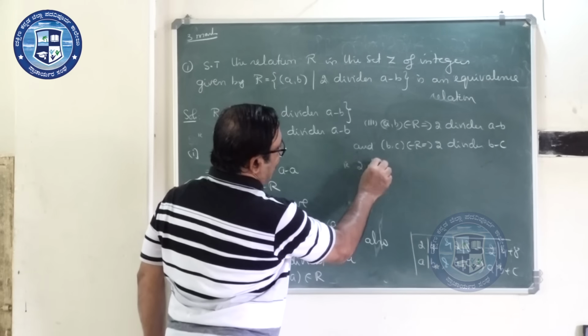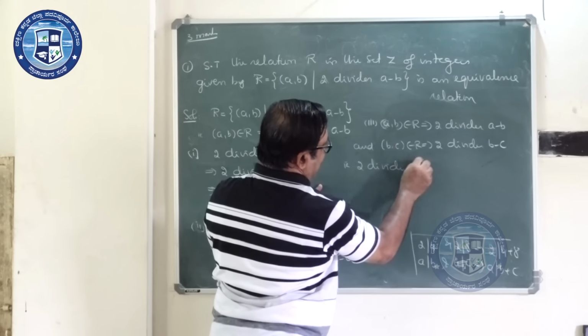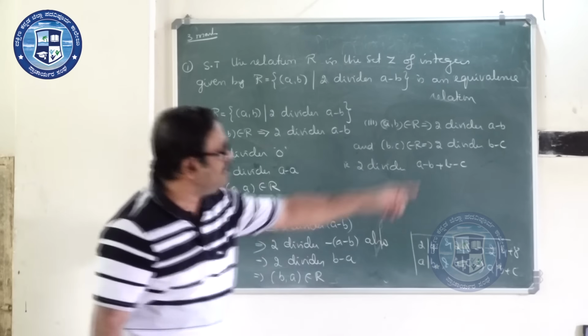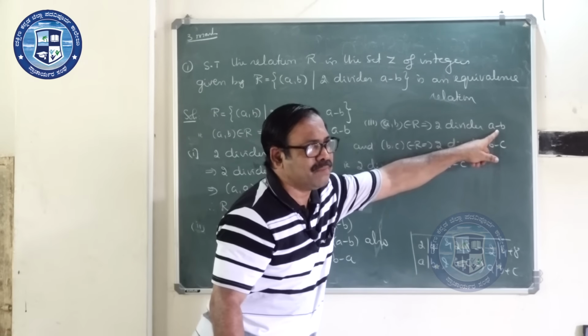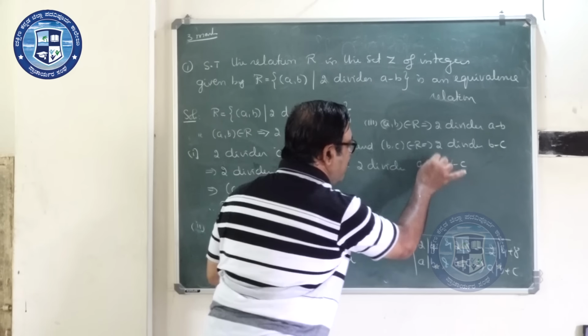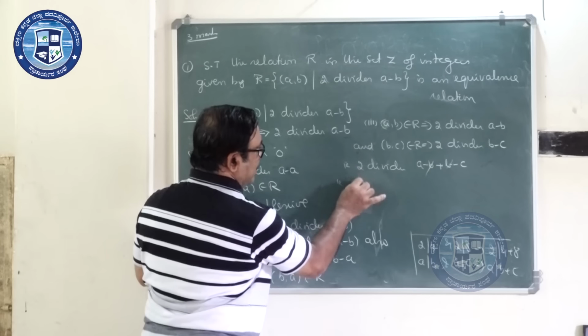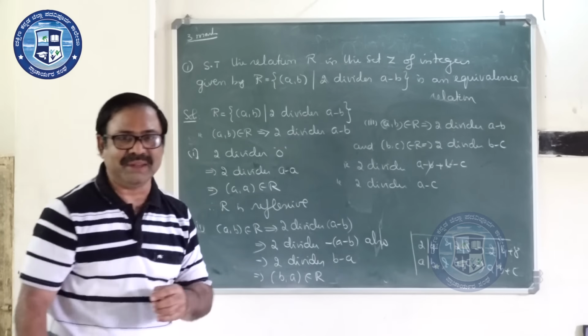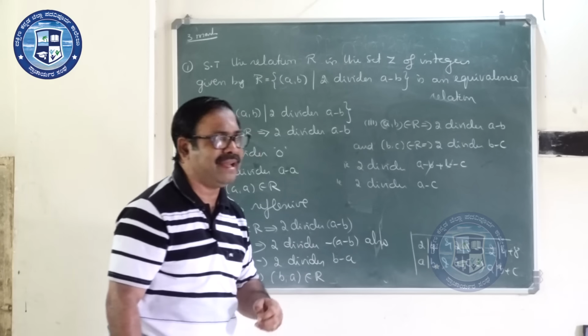Therefore 2 divides (A minus B) plus (B minus C). Agree with me? Cancel this B. Now this is nothing but 2 divides A minus C. Agree with me? 2 divides A minus C.